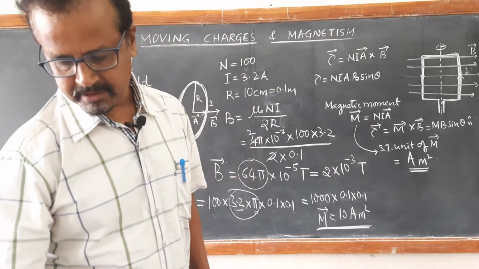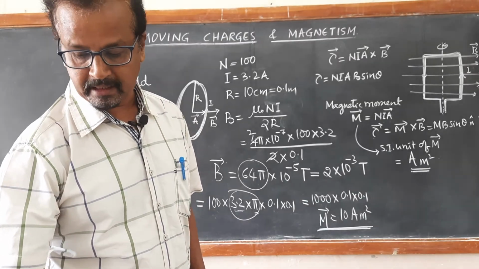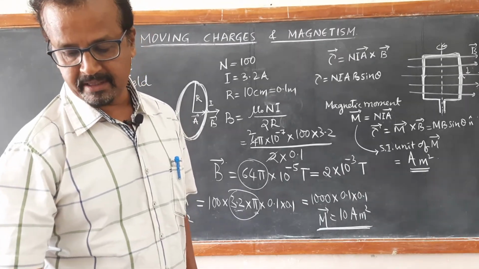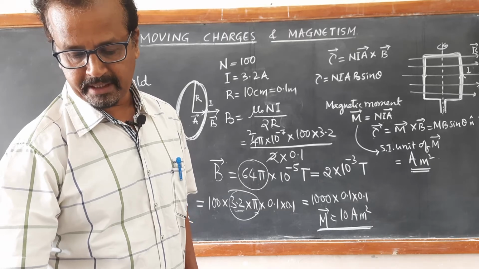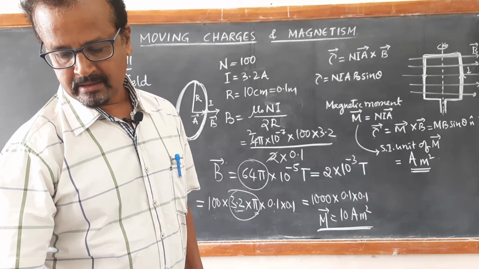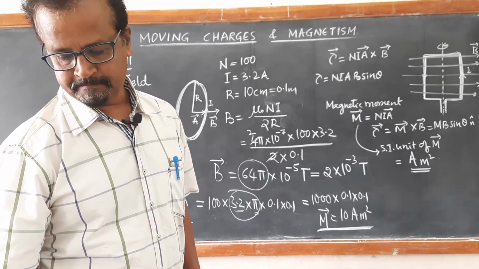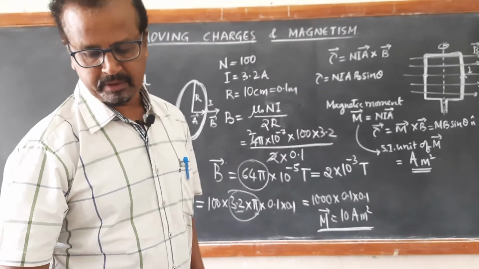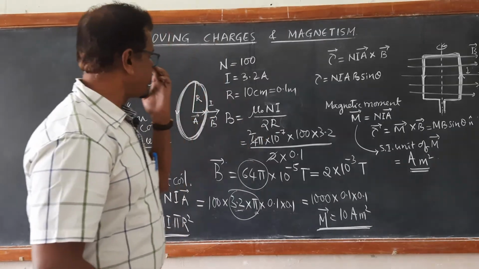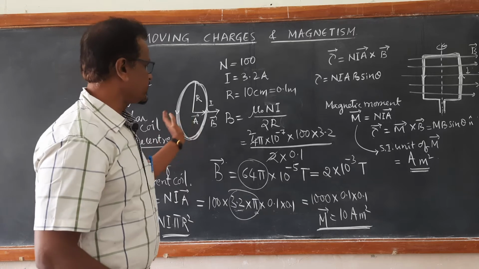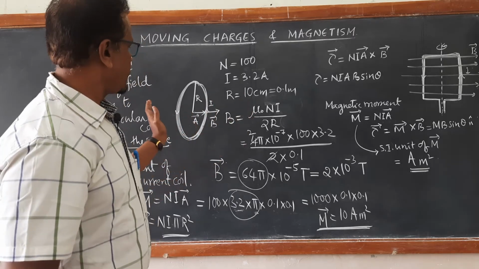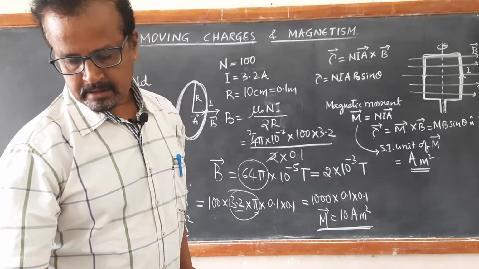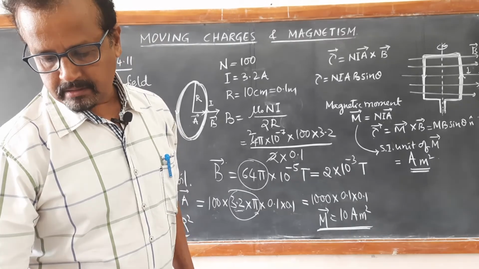Now, let me read the question. This coil is placed in a vertical plane, not 30 degree, it is placed in a vertical plane and is free to rotate about a horizontal axis which coincides with the diameter. A uniform magnetic field of 2 Tesla, an external magnetic field of 2 Tesla, acts on the coil.